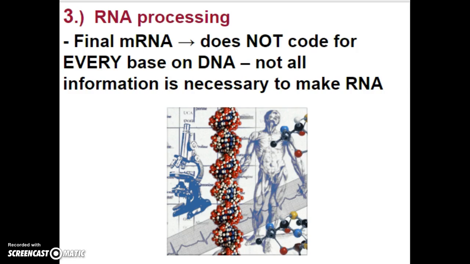Again, the cell makes mistakes. In interphase, if during the S phase of the replication of DNA there were some accidental switching of base pairs, then in the final RNA processing, that information won't be used.